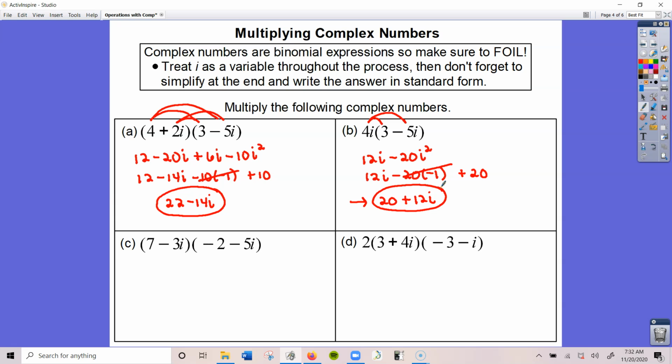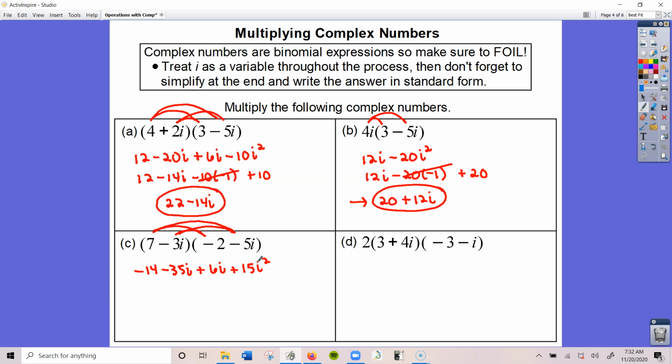This next one, we're going to FOIL once more. So we're going to distribute this 7. And here we get negative 14 minus 35i. Now I'm going to distribute the negative 3i, which would give me plus 6i plus 15i squared.